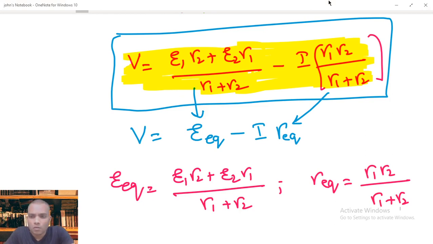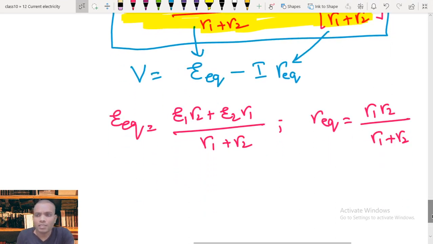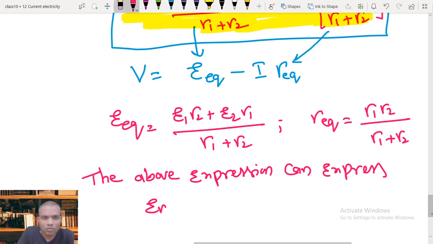We can also express the above expression in a simpler way, by rearranging the terms.